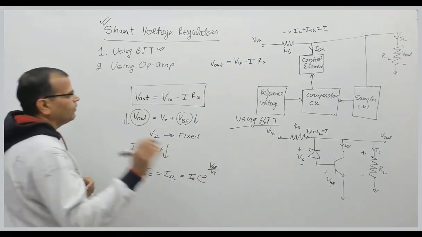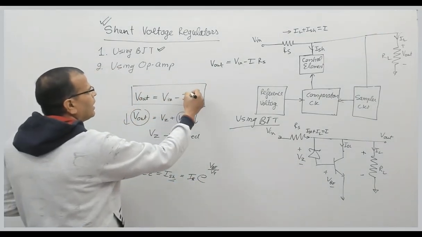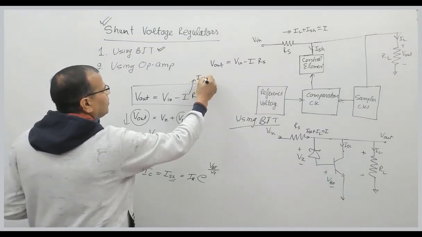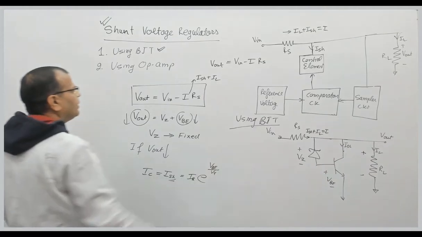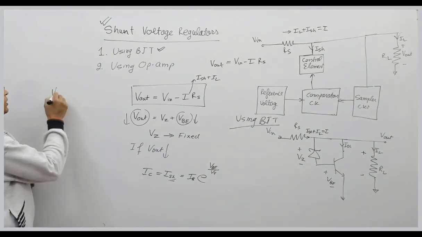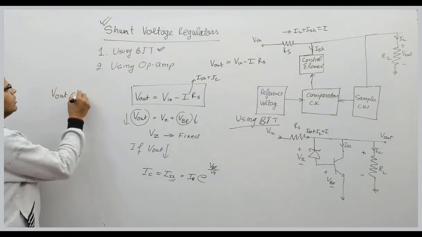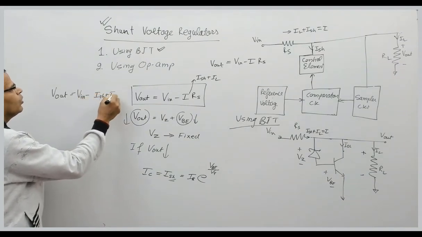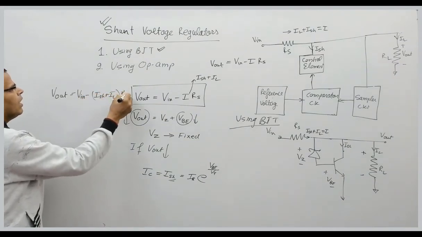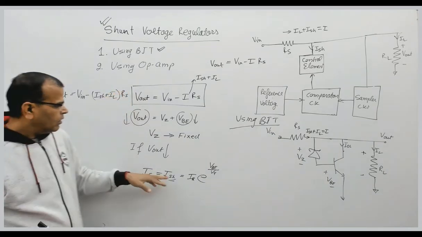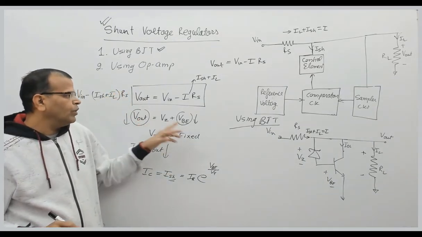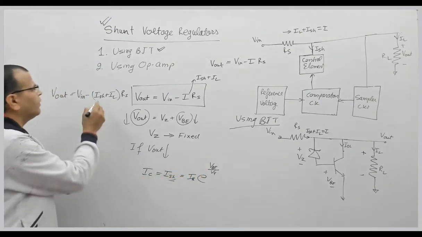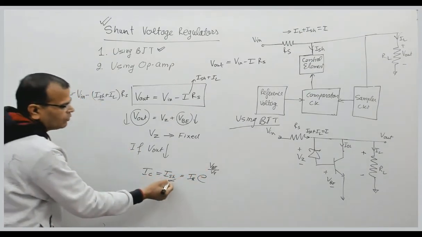Now please see carefully, what is current I? Current I is nothing but I shunt plus I load, right? So the output voltage of this circuit I can write as Vin minus (I shunt plus I load) multiplied by RS. So when Vout is reduced, VBE reduces, collector current reduces, and that is your shunt current.